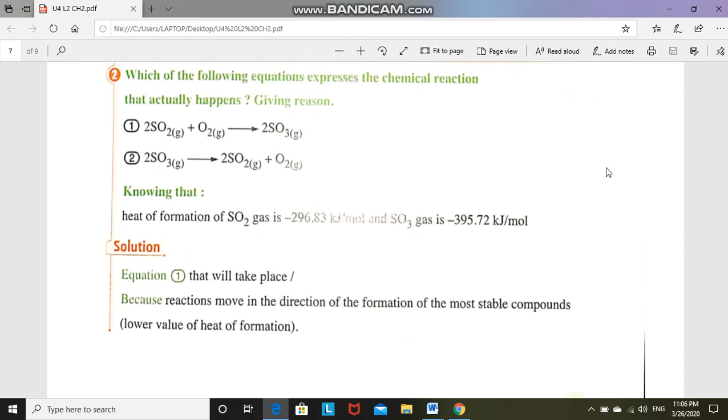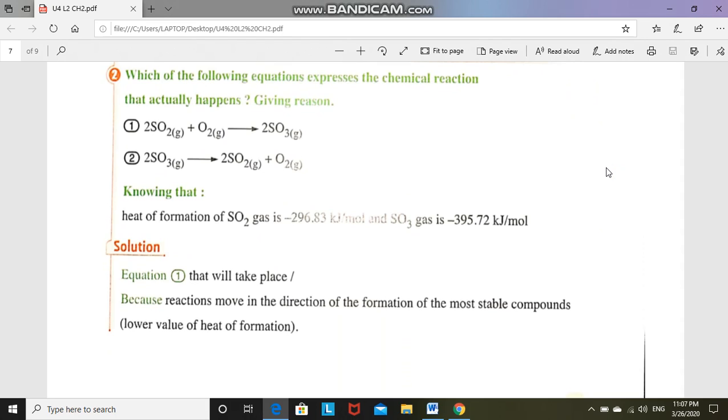What we want to know is which of them express the chemical reactions that actually happen. Okay, we said that the reaction happens in the forward direction. So the more stable, the higher stability, determines the direction of the reaction.